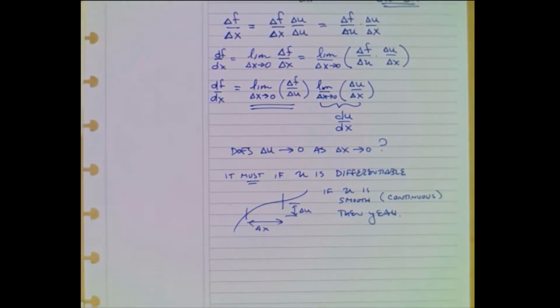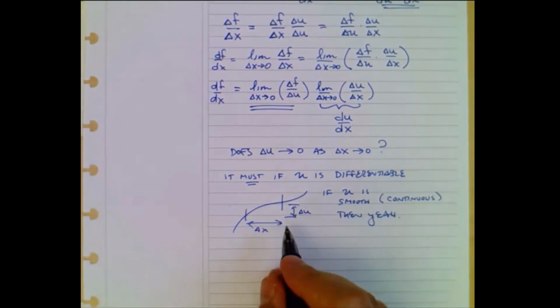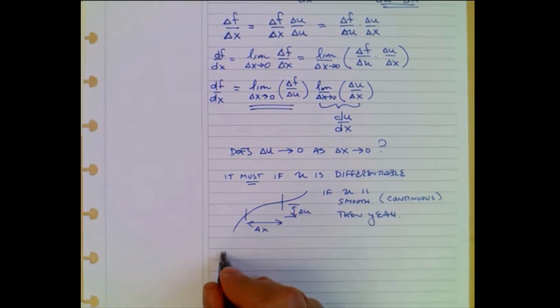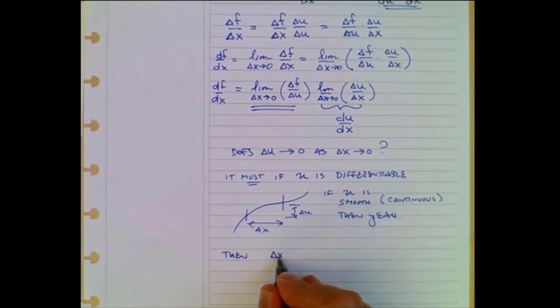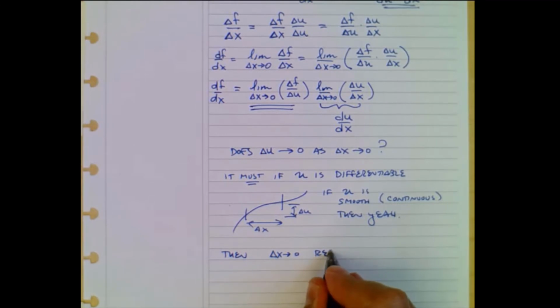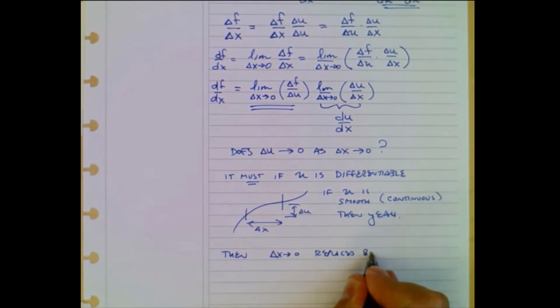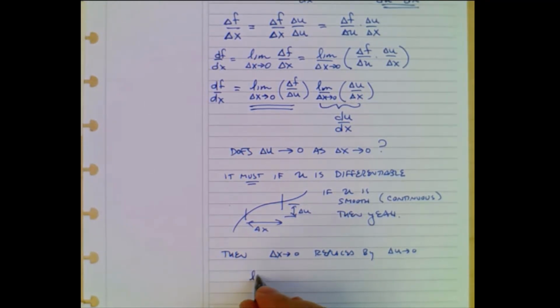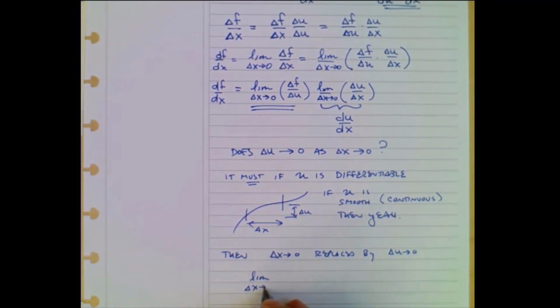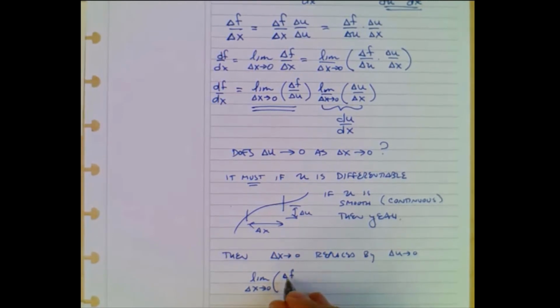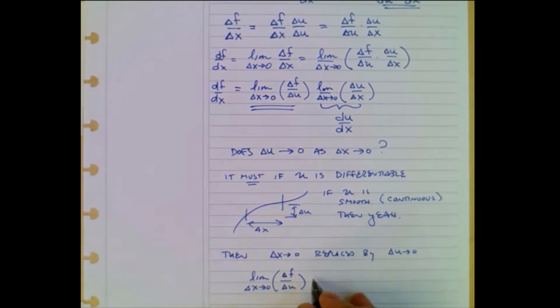So if delta u goes to 0 as delta x goes to 0, then delta x goes to 0 can be replaced by delta u goes to 0 in that first term. And so I have the limit as delta x goes to 0 of delta f over delta u.